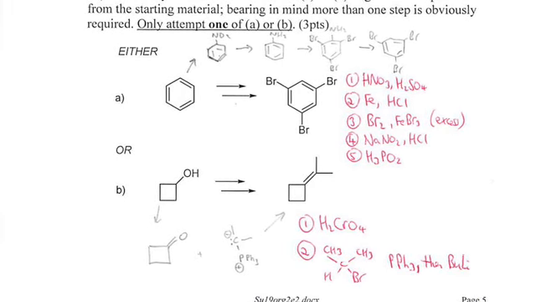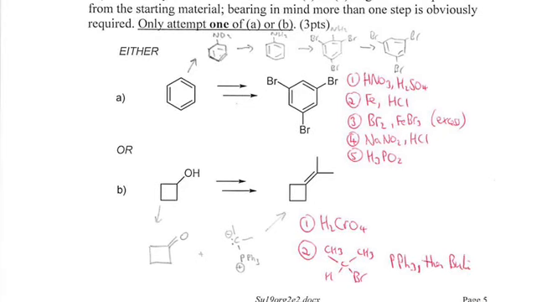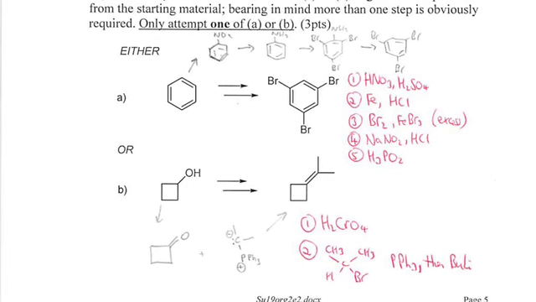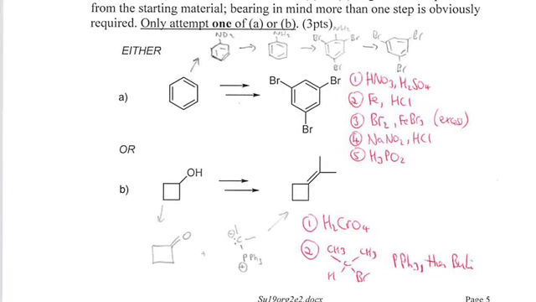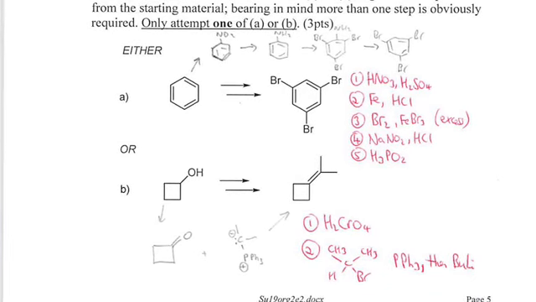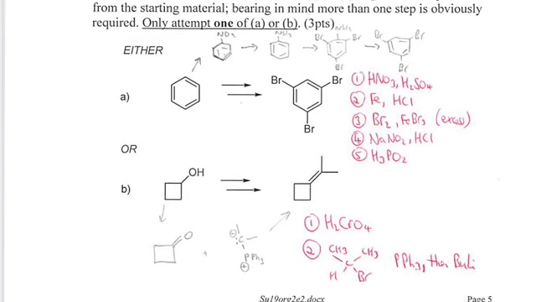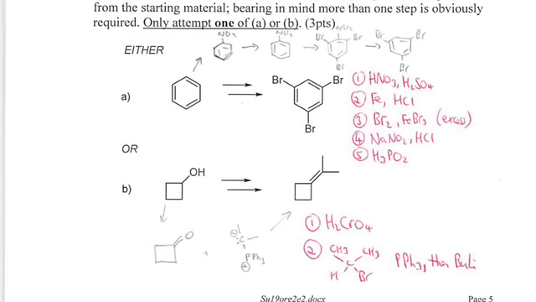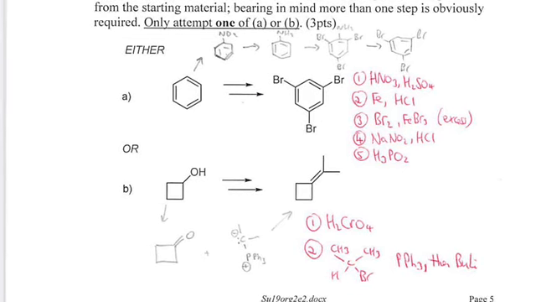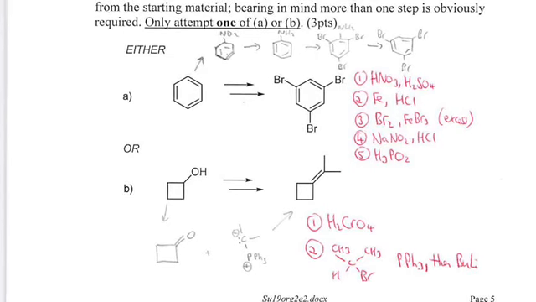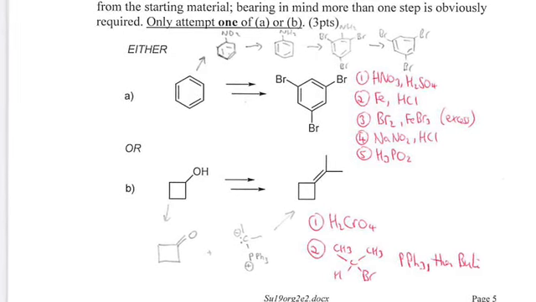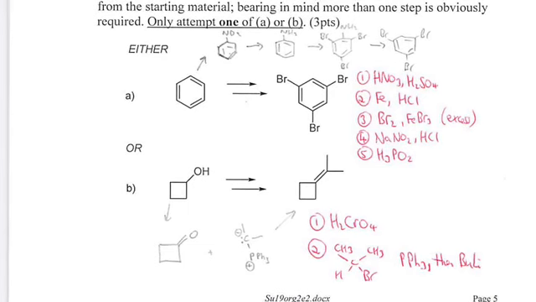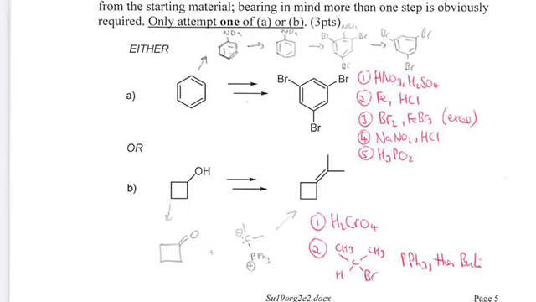That's Br2, FeBr3, classic EAS. However, you would then realize that a bromine is in fact an ortho-para director for EAS. That means once you've put one bromine on, the second bromine would go ortho or para to that. And that's a problem because all three of those bromines are meta to each other. So that's what makes this question slightly more challenging.